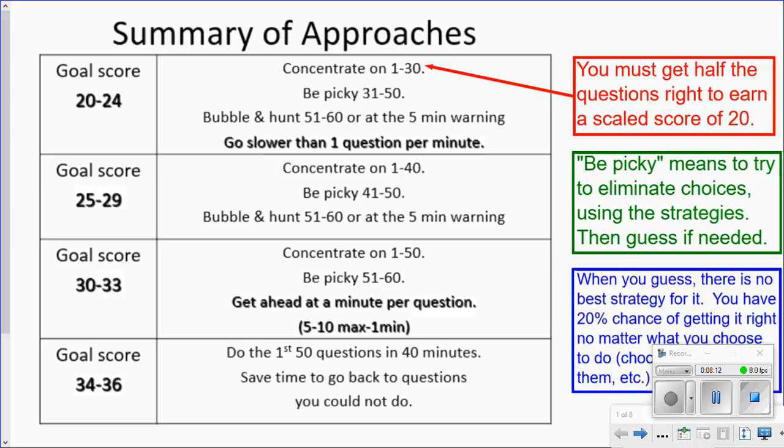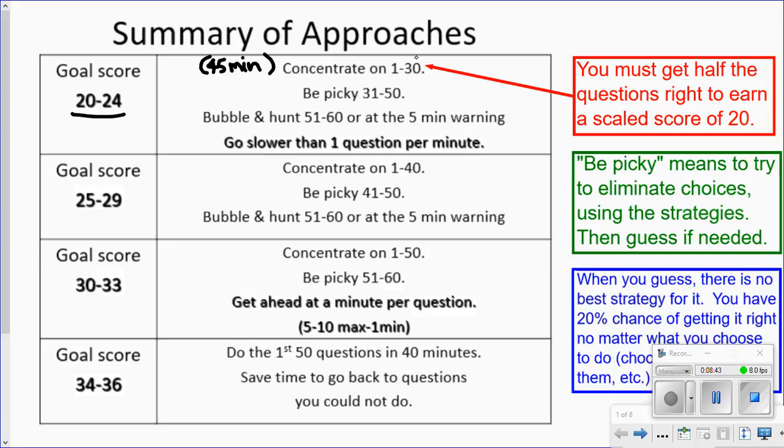If your goal score is here, 20 to 24, then you are going to concentrate most of your time, like 45 minutes of your time or more, maybe 50, should be on 1 through 30 because you need to get all but maybe 1 or 2 of these easy ones correct. So that's going slower than 1 question per minute.